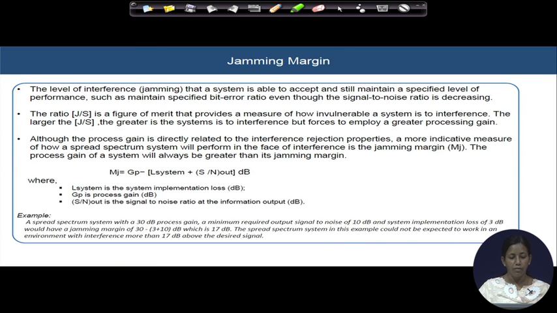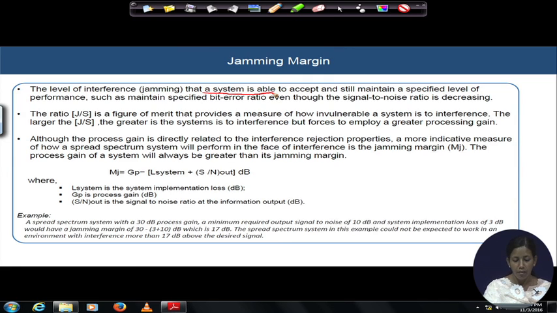See, the jamming margin is the level of interference that a system is able to accept. It is expressed in dB. From the system design perspective, it is the amount of interference that the receiver can withstand, and withstand means with the specified level of performance, without diminishing the bit error rate performance.